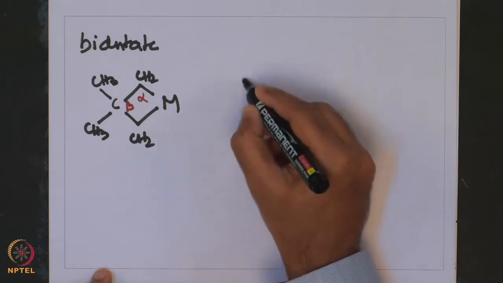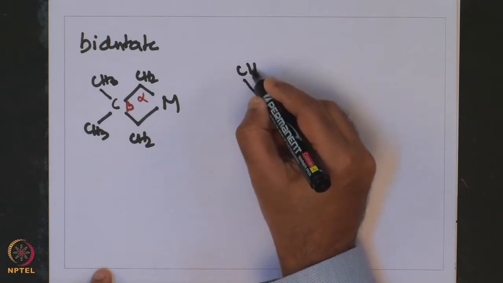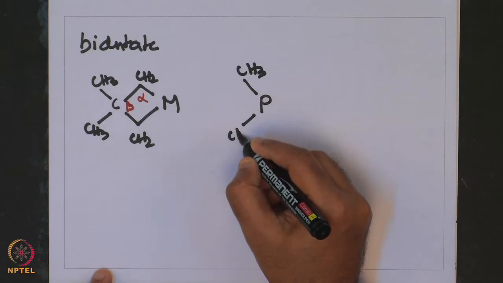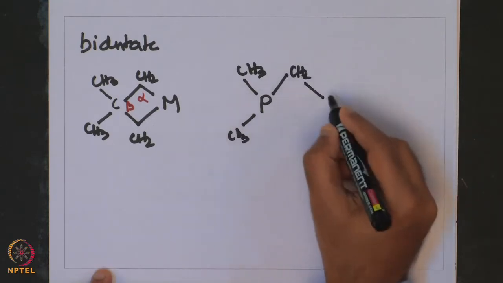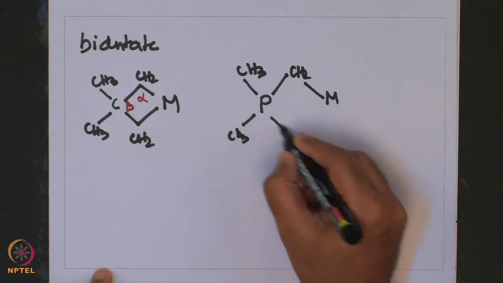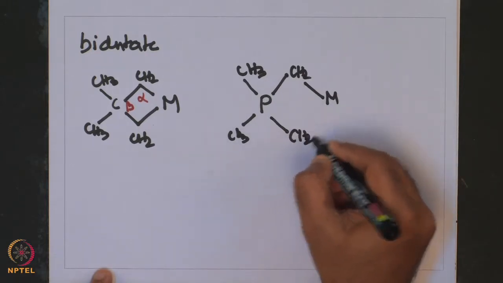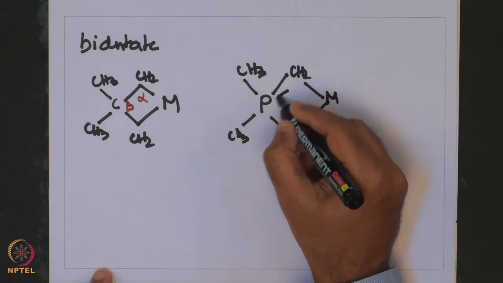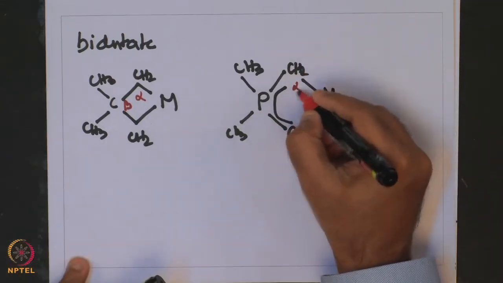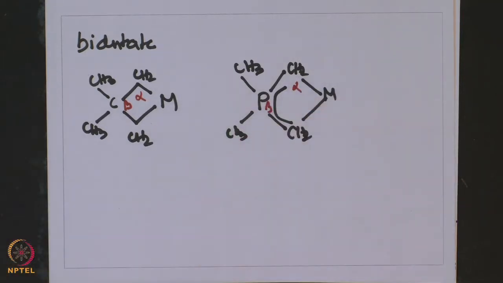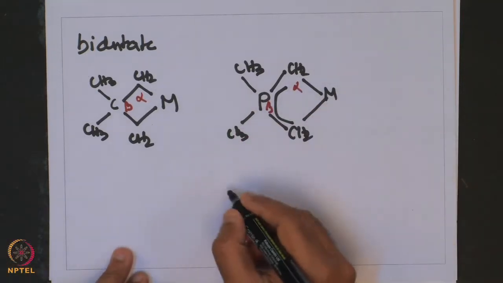Similarly, the variation with phosphorus has a phosphorus atom and there is no beta hydrogen at the phosphorus.